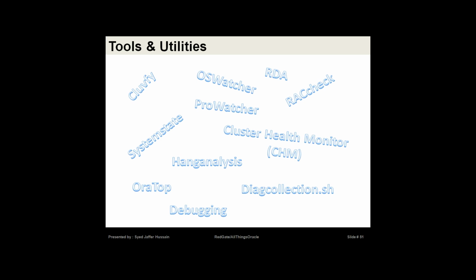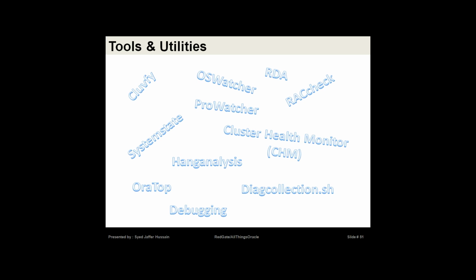But what is most important for you as a DBA is to pick the right one at the right time, instead of going through all these things. So it's better that you have knowledge about these individual tools and utilities and then use them rightly.